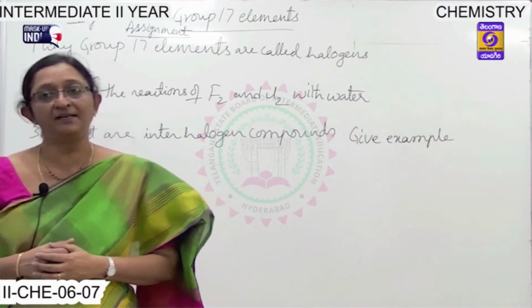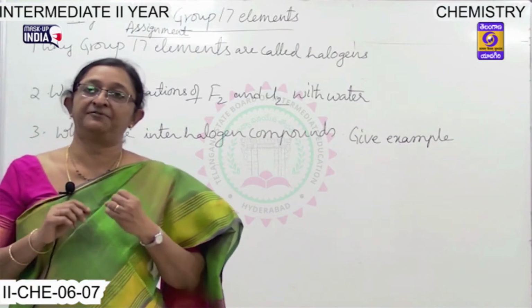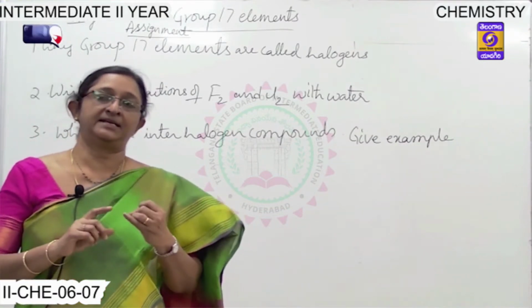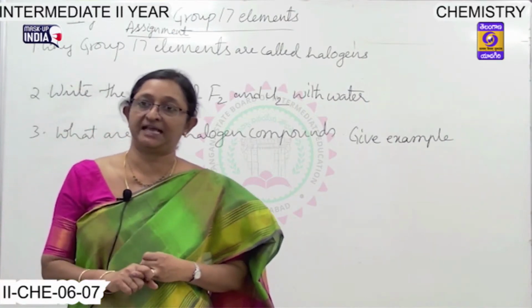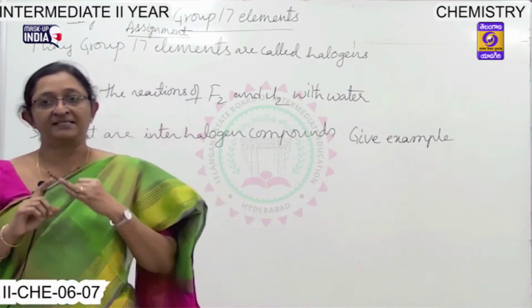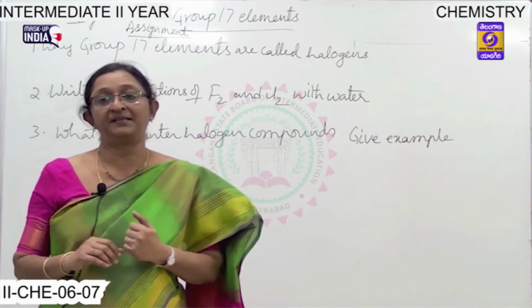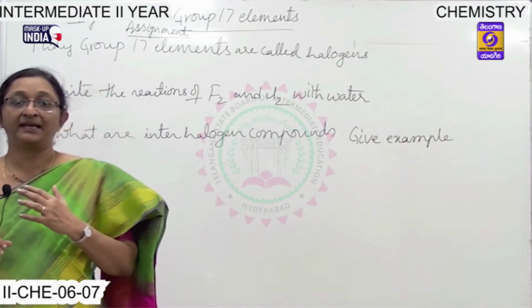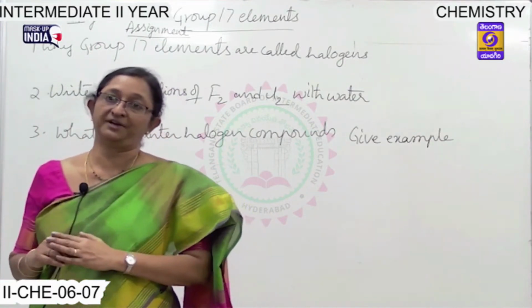Example, we have also learned sodium chloride. Then the general electronic configuration for these halogens is ns2 np5. And they have high ionization enthalpy values and at the same time high electronegativity values. Why do they have high values? Because by gaining one electron they will attain noble gas configuration.